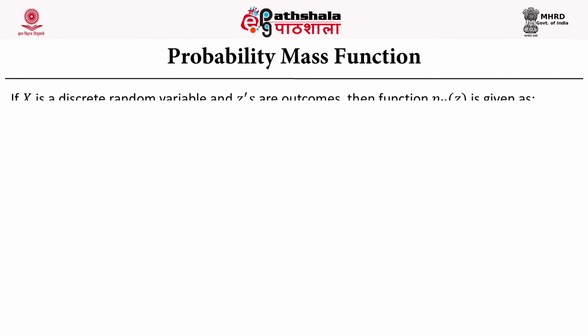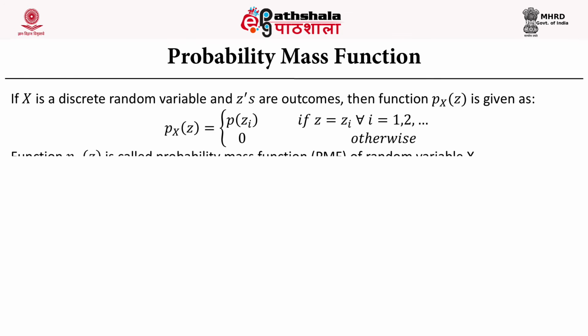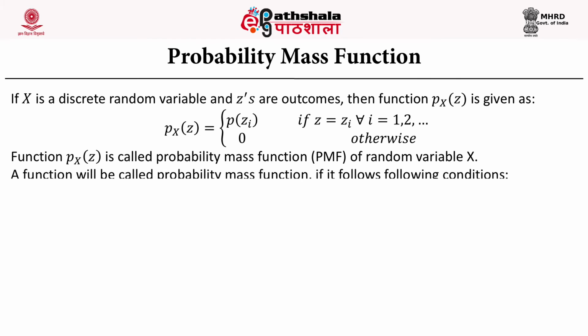Now we will discuss the probability mass function. What is the probability mass function, and what properties are followed by this function? If X is a random variable and zi are the outcomes, then the function p_X(z) is given as probability of zi if z is equal to zi for all i varying from 1 onward, and it takes value 0 otherwise.